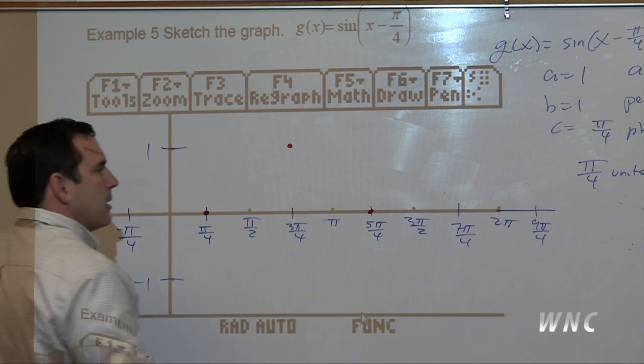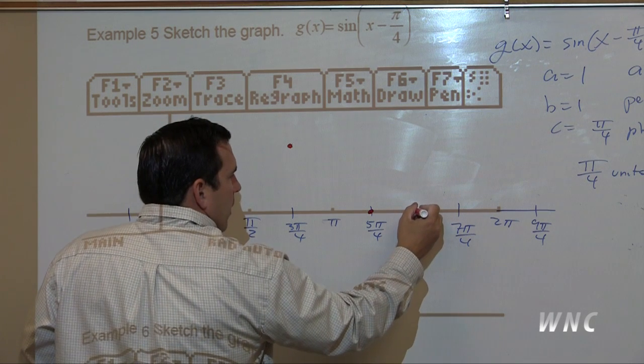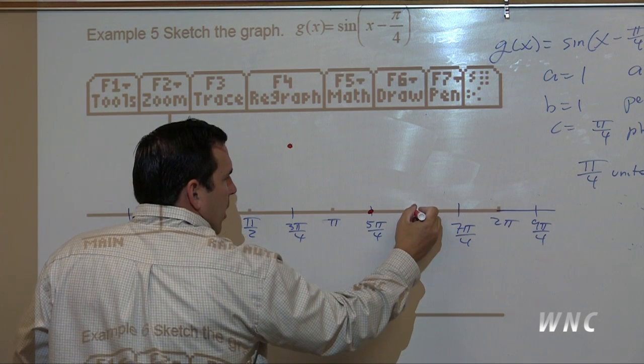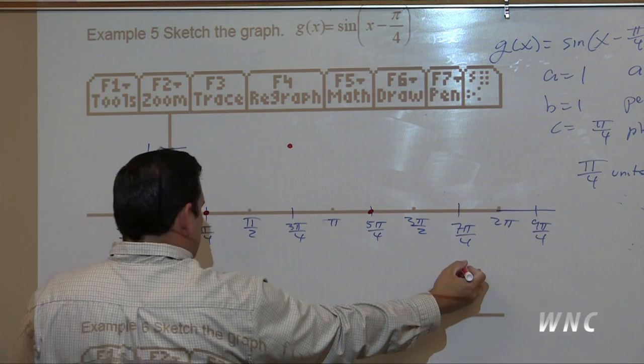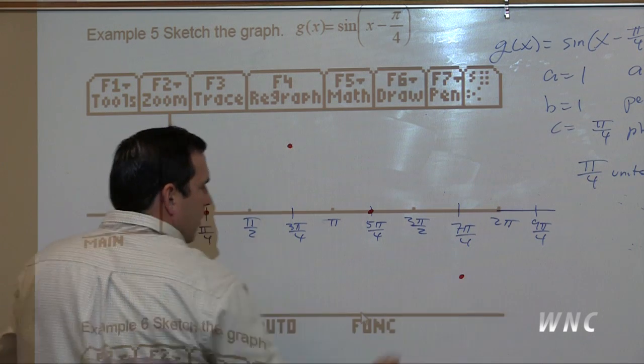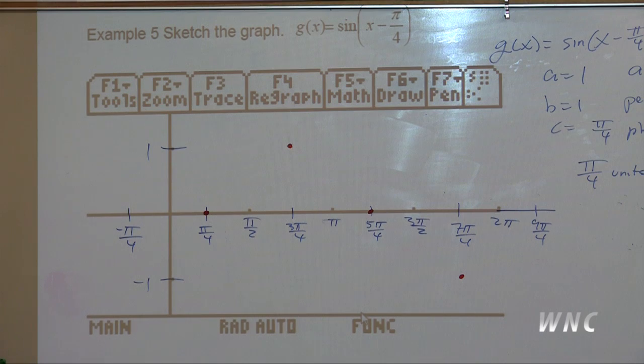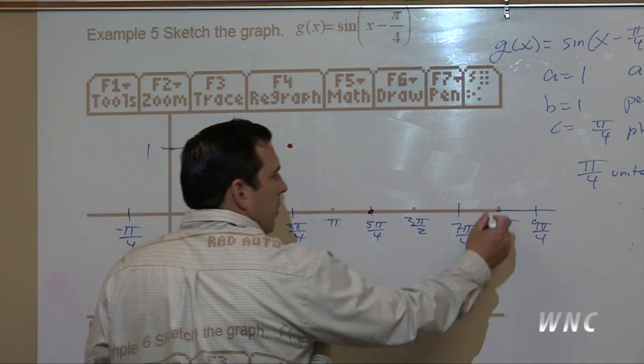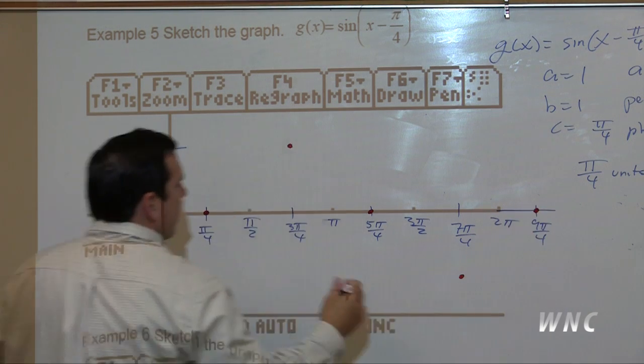Normally we'd be at negative 1 for 3 pi over 2, but there's a phase shift, so we're going to be at negative 1 at 7 pi over 4. And normally we'd be at 0 at 2 pi. Now it's up to over here at 9 pi over 4.